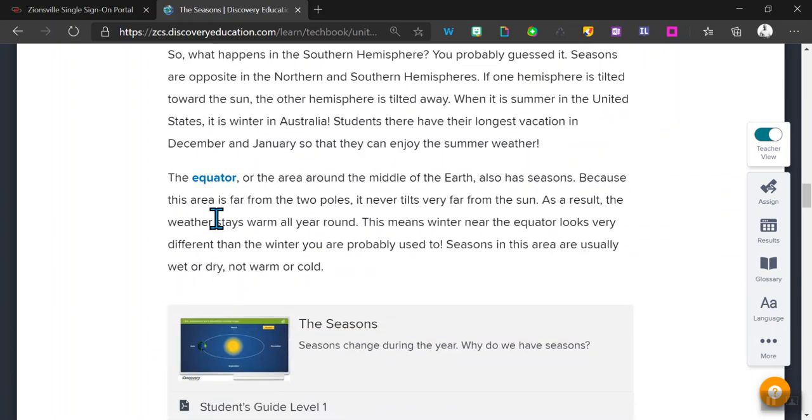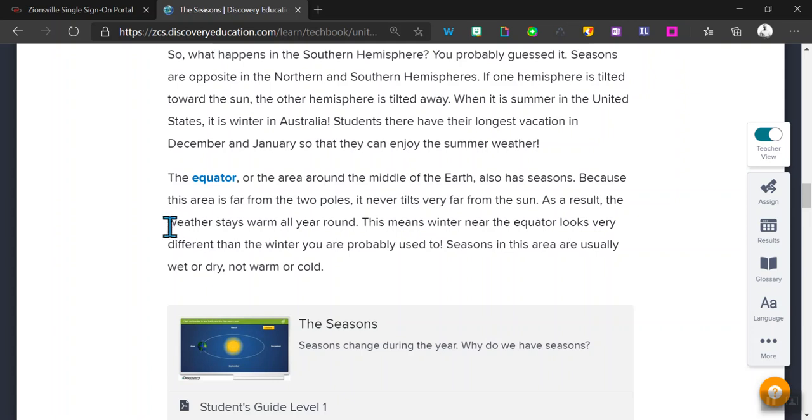Now, what about the people that live closer to the equator? Well, what's their weather like, or their temperature like? Well, the equator, or the area around the middle of the Earth, also has seasons. Because the area is far from the two poles, it doesn't tilt very far from the sun.